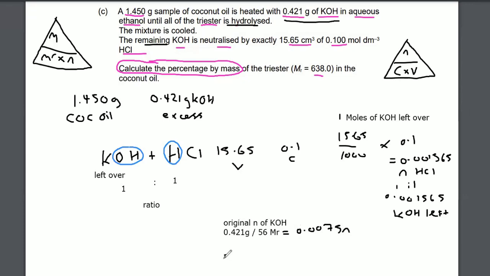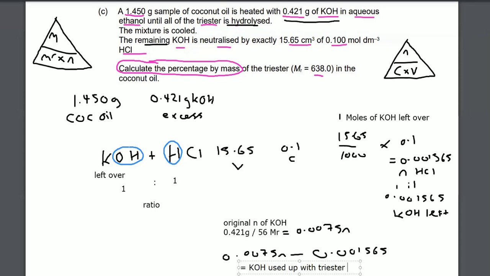After the reaction with triester, there were 0.001565 left. So I'm going to do 0.0075 take away 0.001565, and I found out how much KOH was used up with the triester in the hydrolysis.